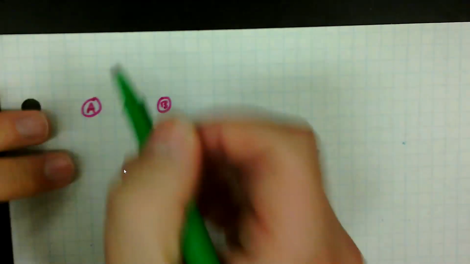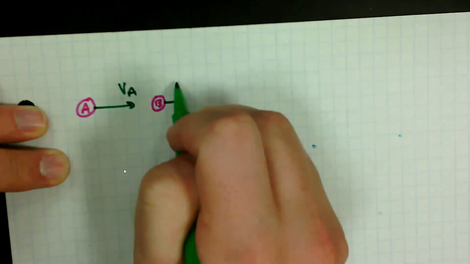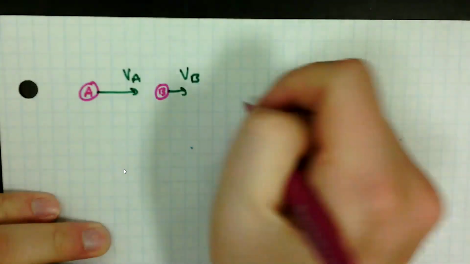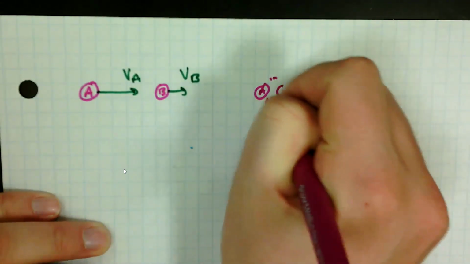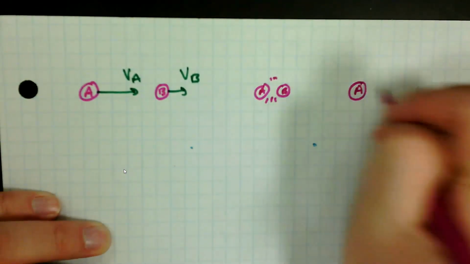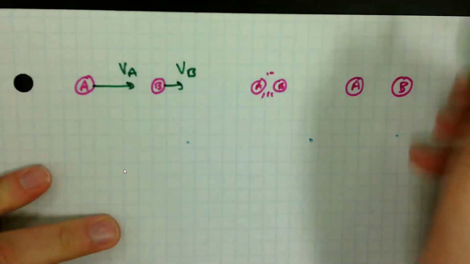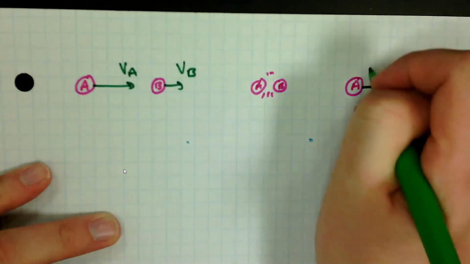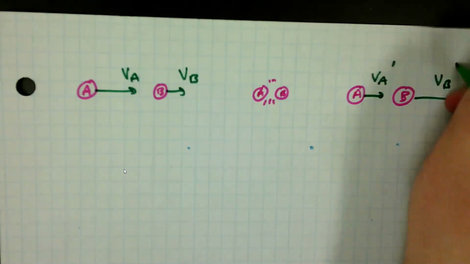So we're going to say A is going faster than B. And then they collide. And then probably what's going to happen is B is going to be going faster than A prime.